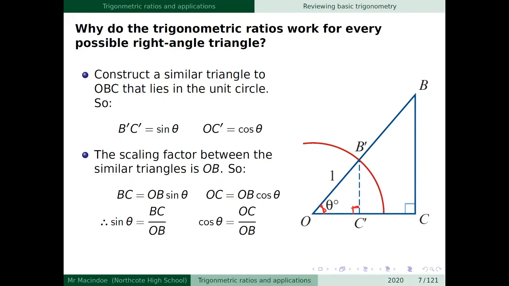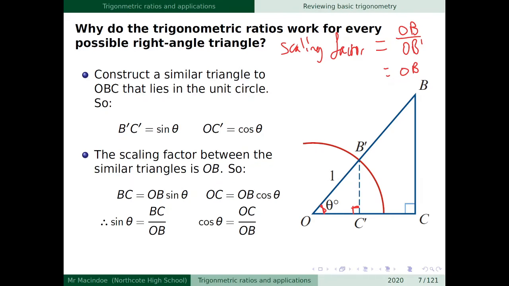So the hypotenuse of both triangles corresponds. So I know that the scaling factor is equal to the ratio of OB on OB dash. So the big line and then the small one. But notice OB dash is just 1 because it's part of the unit circle. So I've just drawn it into my bigger triangle, OBC. So I know that the scaling factor is just OB.